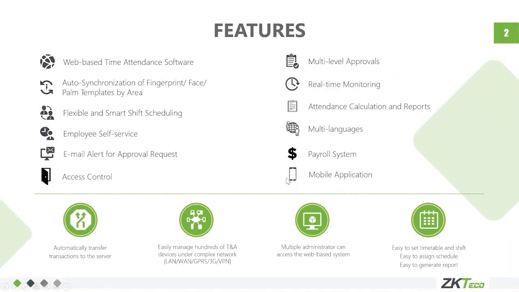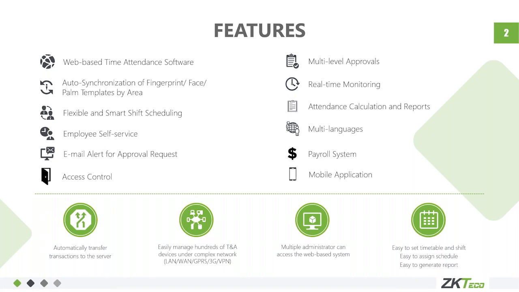Let's see the features of BioTime 8. It's web-based, with auto synchronization of fingerprints and templates by area. We will go back to this concept of area, which is a very important concept of BioTime 8. We can configure all kinds of shifts. It allows a self-service employee portal that is used for manual punches or for requests that the employee might have to the manager.